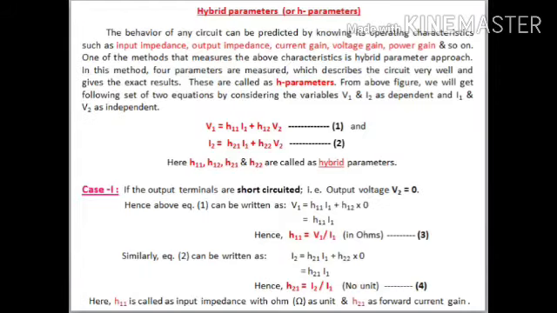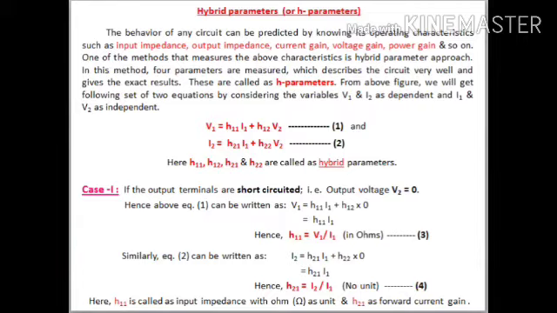So, come to the next slide. It is related to hybrid parameters. As we have discussed earlier, the behavior of any circuit can be predicted by knowing its characteristics such as input impedance, output impedance, current gain, voltage gain, power gain, and so on.